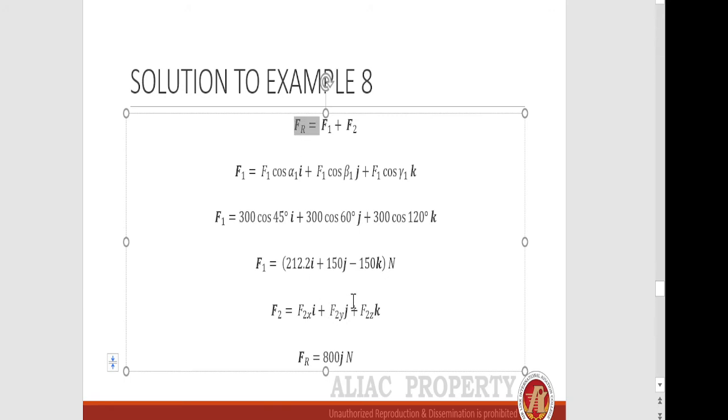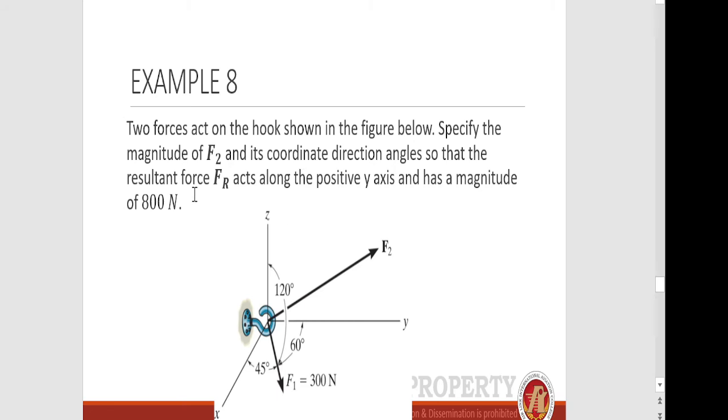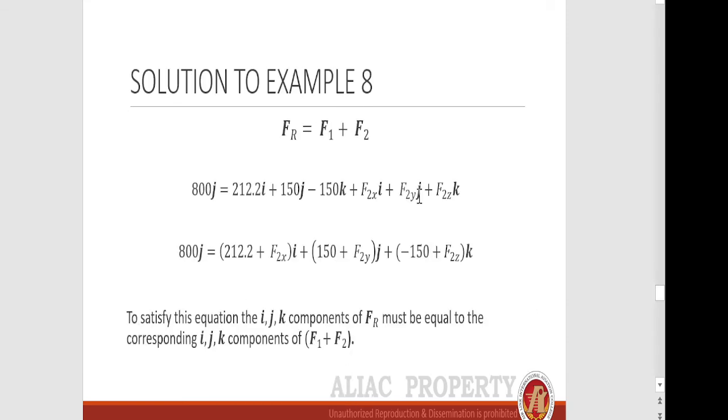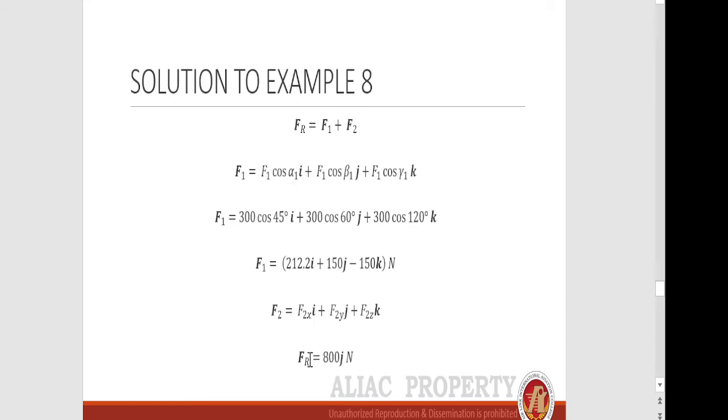Do we have Fr? 800 newtons is given because it acts along the y-axis. So here Fr is 800 j newtons because it's acting along the y-axis only. So the components for the x-axis and z-axis should be 0.